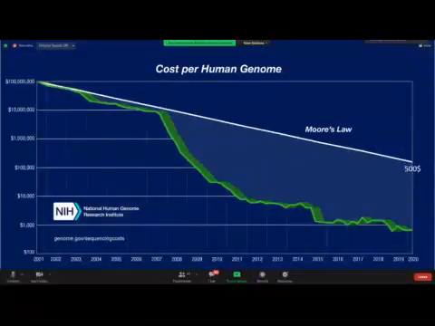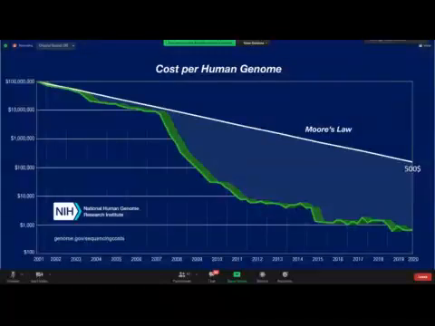And they were able to finish the first draft of the Human Genome Project in 2001. So at that time we actually sequenced all 6 billion base pairs. And it was 2.7 billion plus US dollars plus 15 years, thousands of scientists, hundreds of labs.